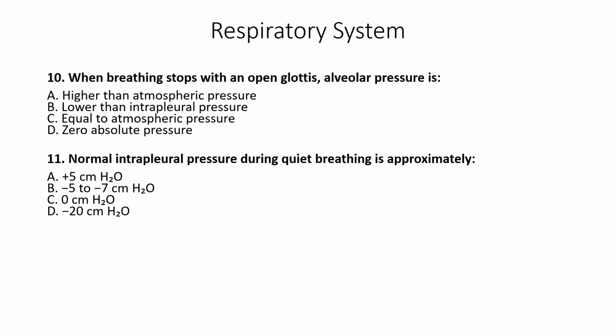This creates a suction that keeps the lungs open. Suction, or vacuum pressures, are typically annotated as negative, right? So it's a negative pressure. That's why the values are about -5 to -7. That's just the way it is. So the right answer here is option B.